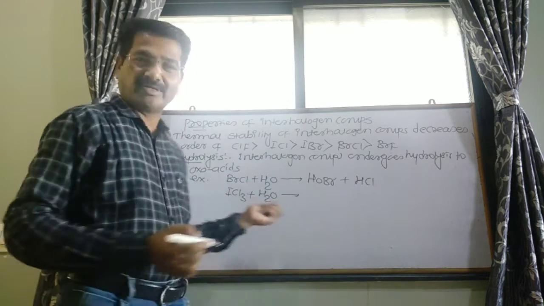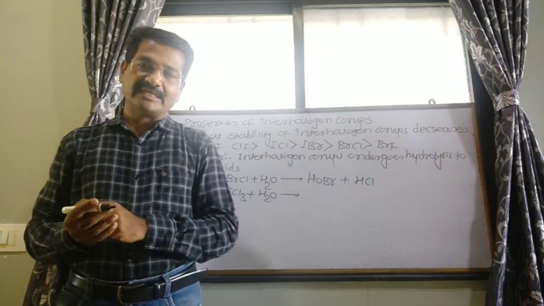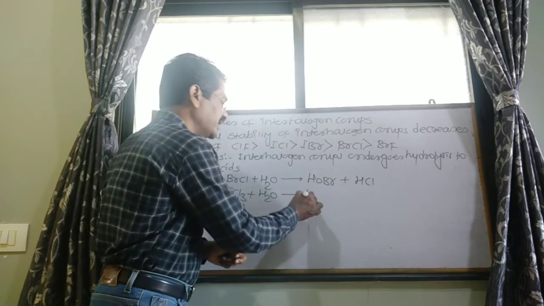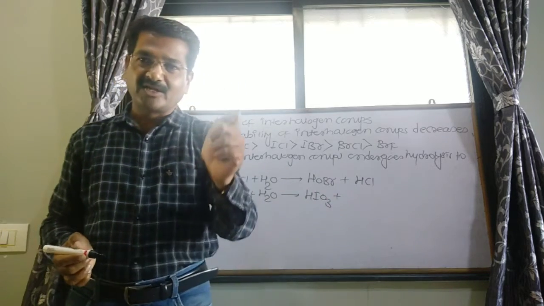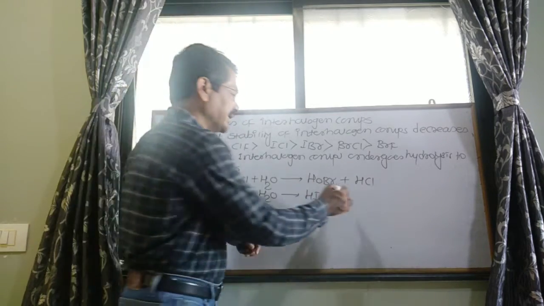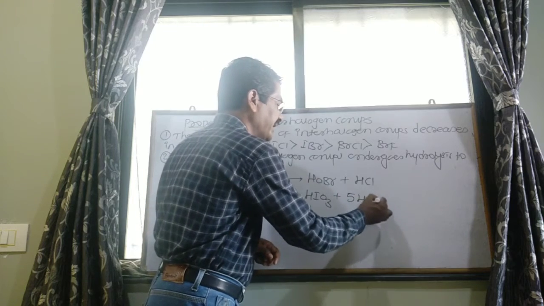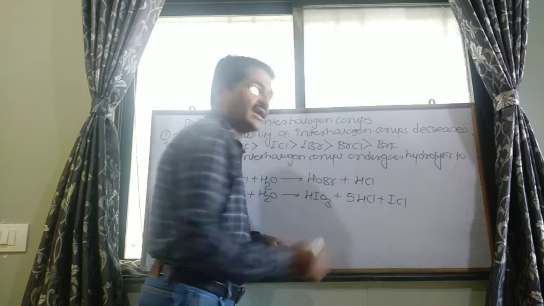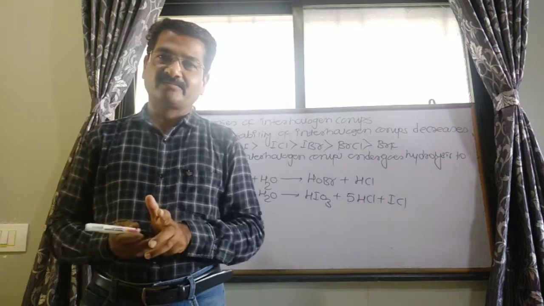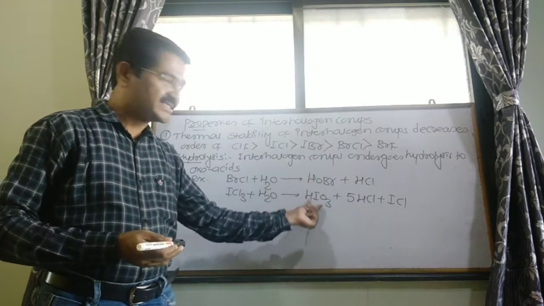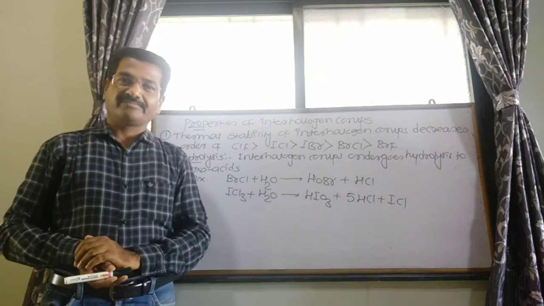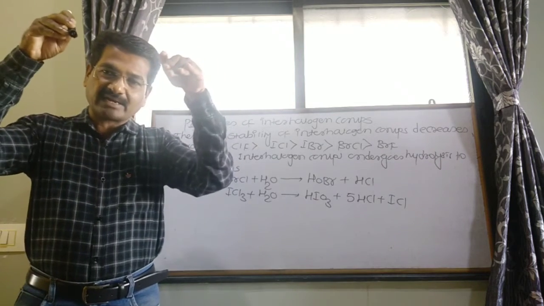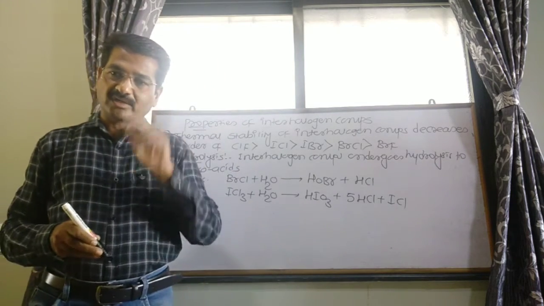Whenever iodine chloride is dissolved in water, it forms HIO3, then hydrochloric acid, and lastly iodine chloride. So these oxoacids are formed whenever the interhalogen compounds are dissolved in water.